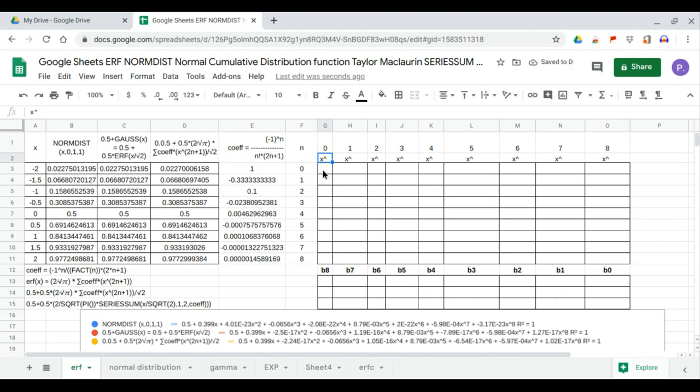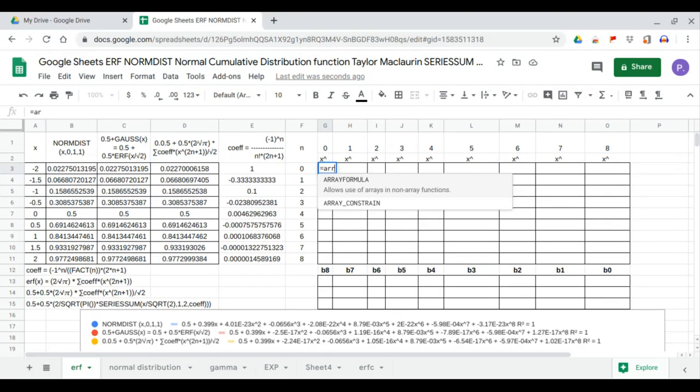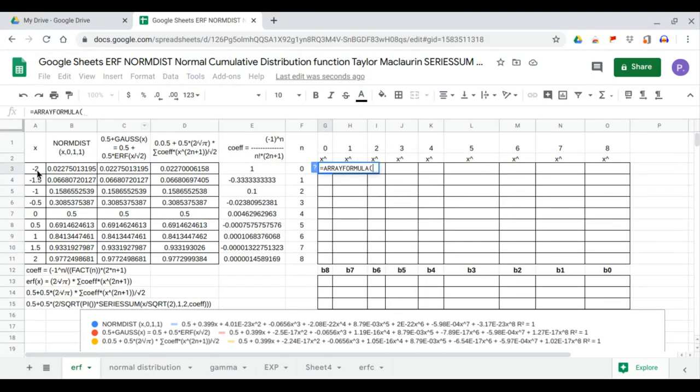Now that we have the power, we can complete the 1 comma x matrix, which is an array formula of these values raised to the power 0. That's for the 1 column. And we drag this to the right to copy the formula.